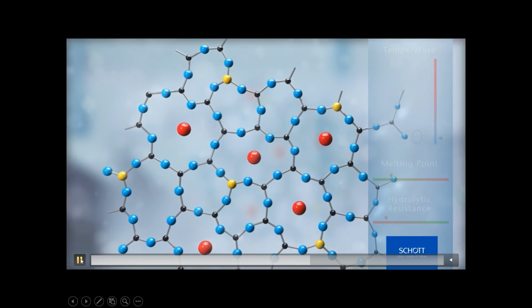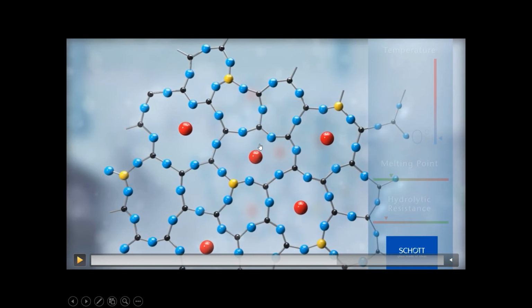So here's our type 1 glass, and as you can see, our network has these different metals that are parts of the silicon oxygen network. So boron and aluminum are going to be part of this ring, and then what's going to happen is the water molecule, which is not seen here, but basically the OH ion, is going to come and attack this bond right here, and break it.